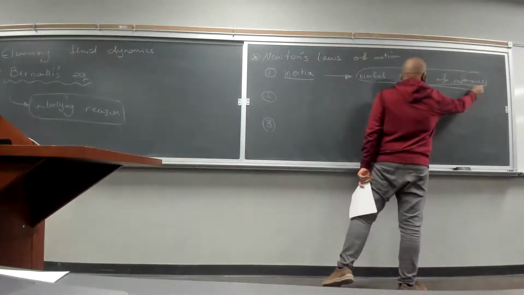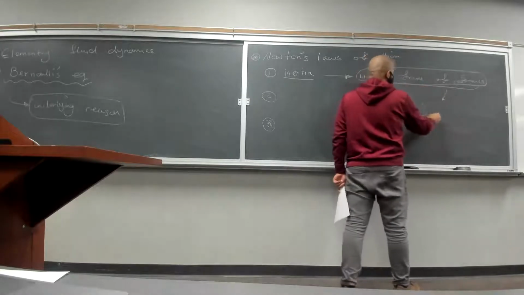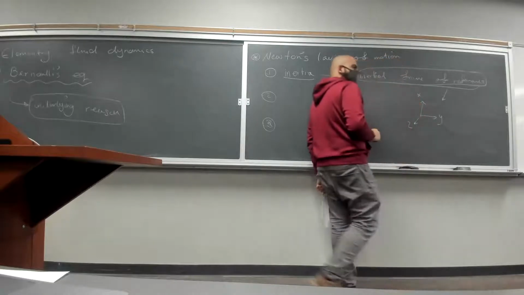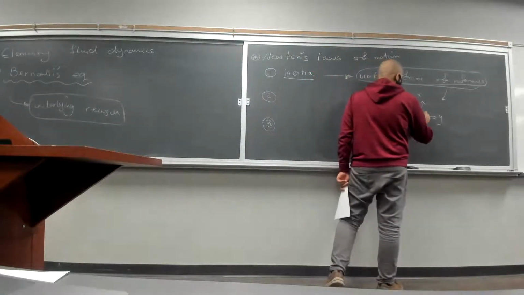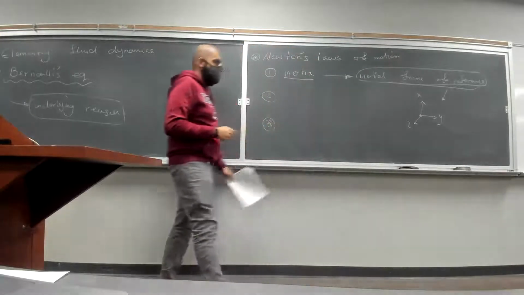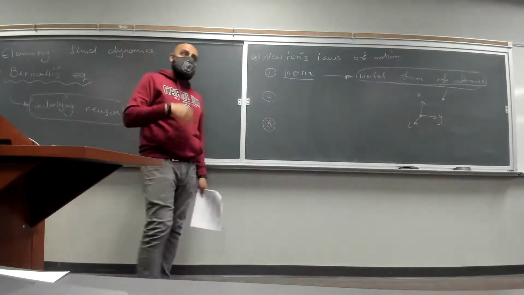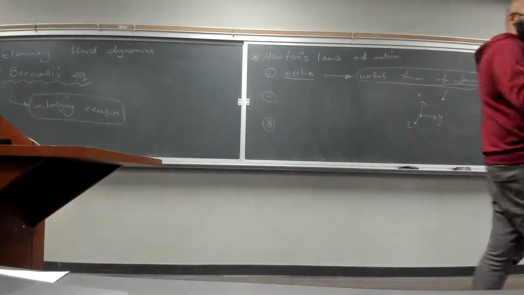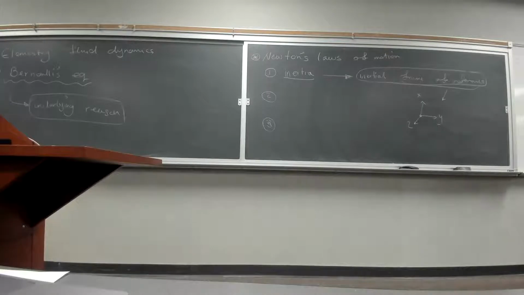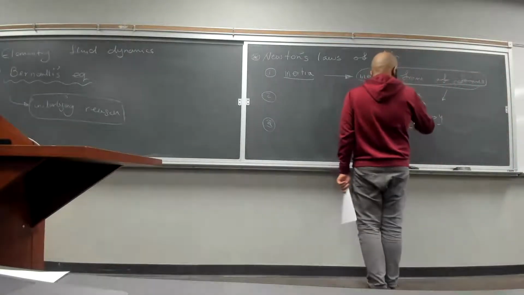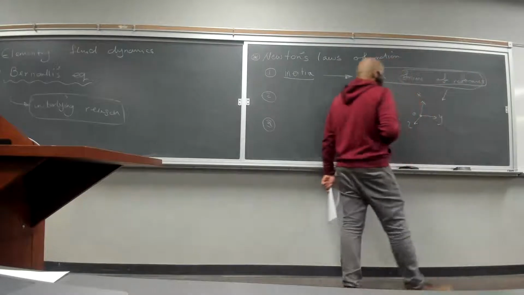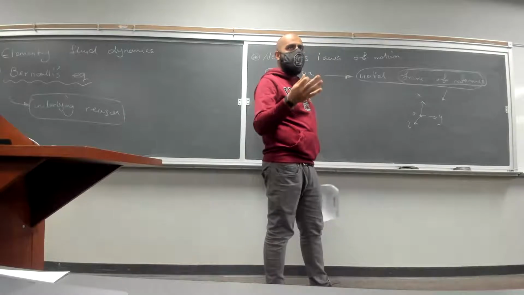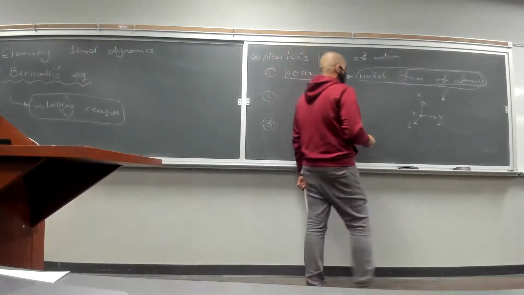A frame of reference is essentially your coordinate system, your x, y, z. Your coordinate system can move by itself, which means the origin of your coordinate system is moving. For example, you can put your coordinate system on the surface of the Earth, and the surface of the Earth is moving. An inertial frame of reference is a specific type of frame of reference that can move, but doesn't have any acceleration.